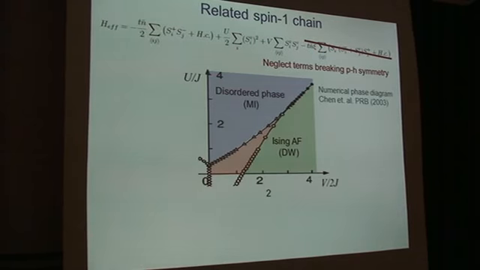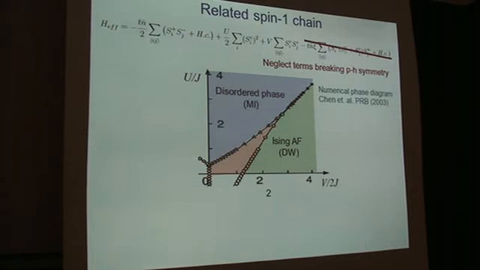If we neglect these terms, there has been much work on this anisotropic Heisenberg model, including also the on-site single-ion anisotropy term. And this has the following order parameters: a completely disordered phase here, which is analogous to the Mott insulator.